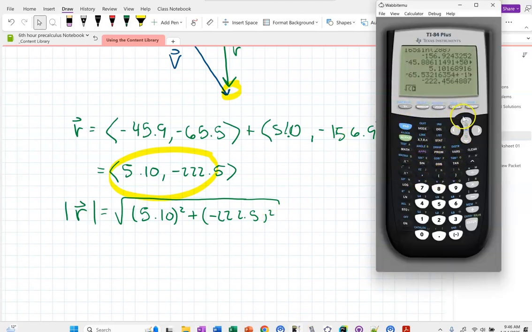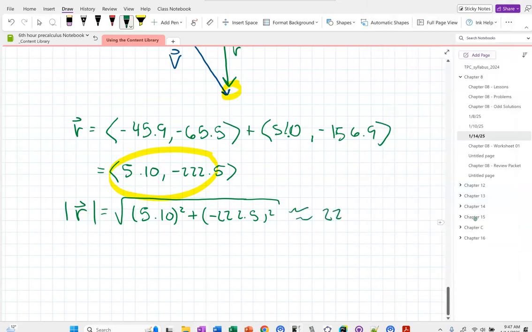Again, I'm going to use the whole decimals, so I'm just taking it from my calculator output here. So I get about 222.5. And you might think for a minute that seems a little weird, but not really.